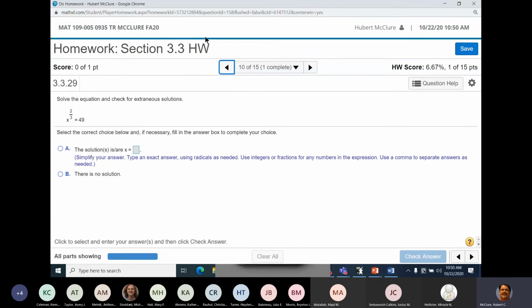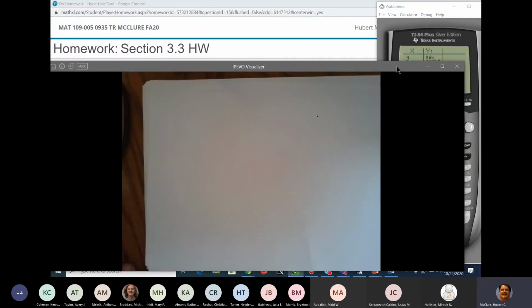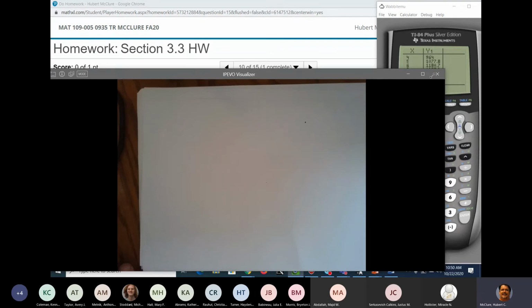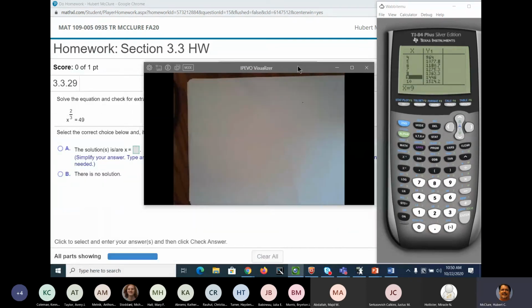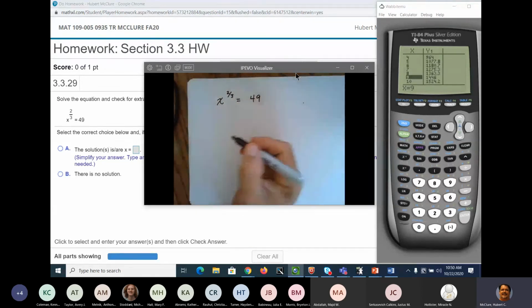x to the 2/3 is equal to 49. Now, what do we need to do to get rid of raising something to the 2/3 power?